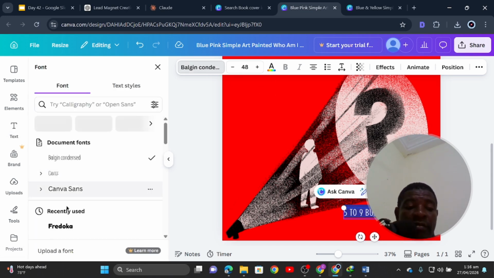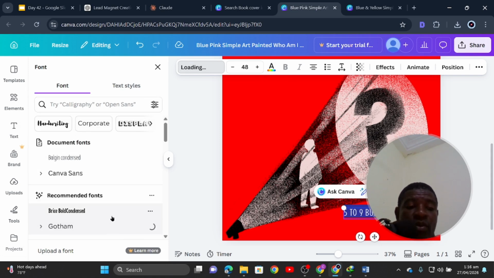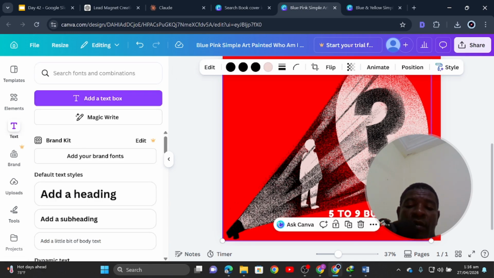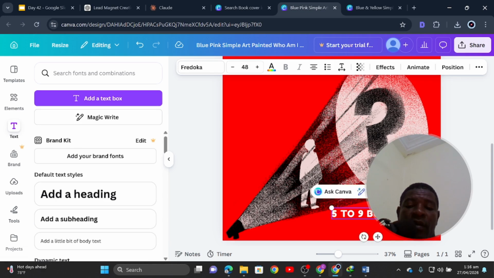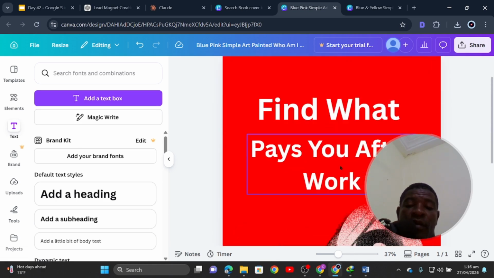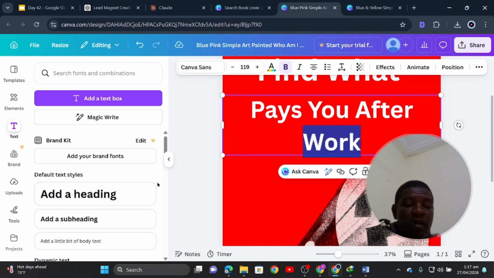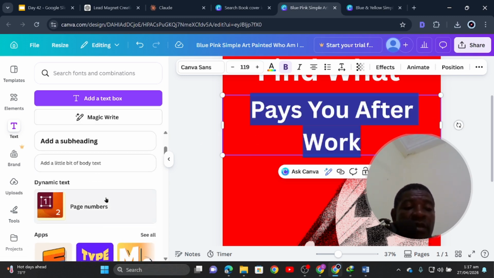Let me change the text to, so let me choose another font for this.